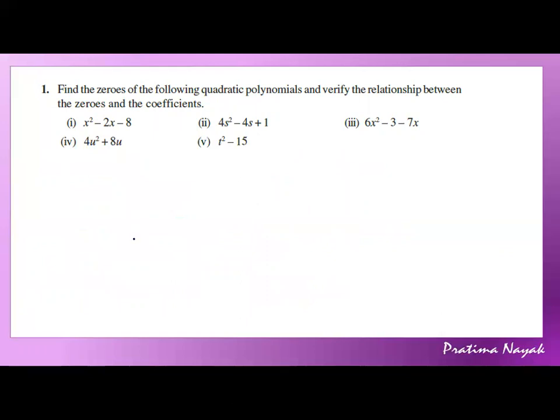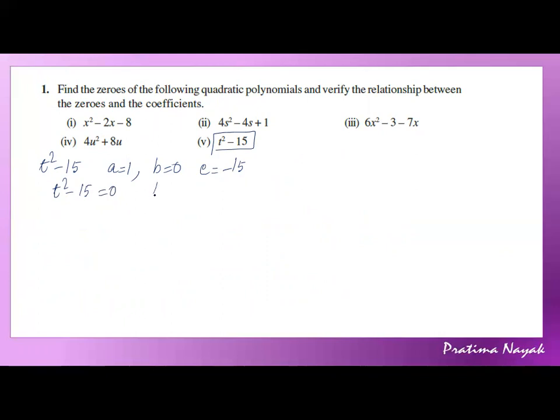Next, t square minus 15. Fifth part. So t square minus 15. What is a here? a is 1. What is b? b is 0. There is no t, so b is 0. Then constant c is minus 15. Then to find the zeros, make t square minus 15 equal to 0.